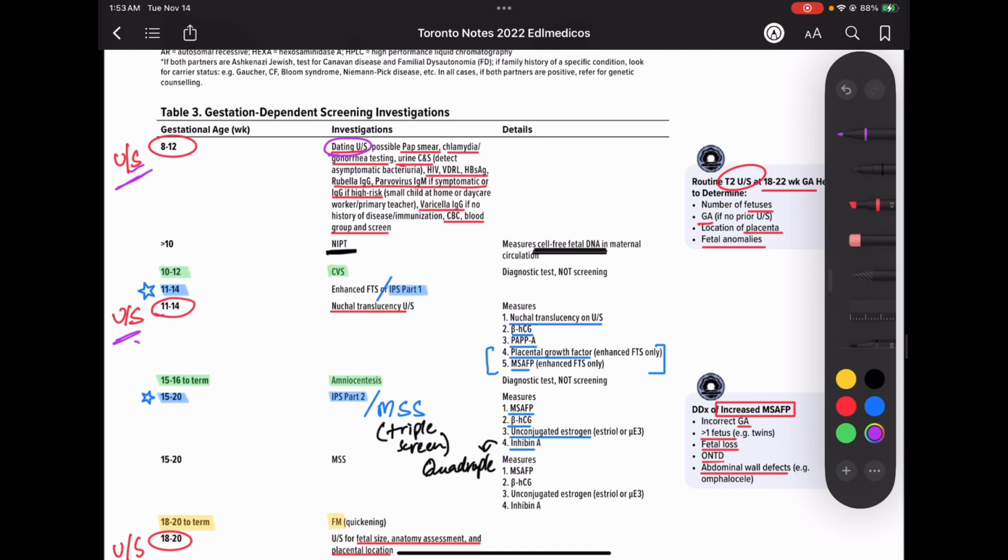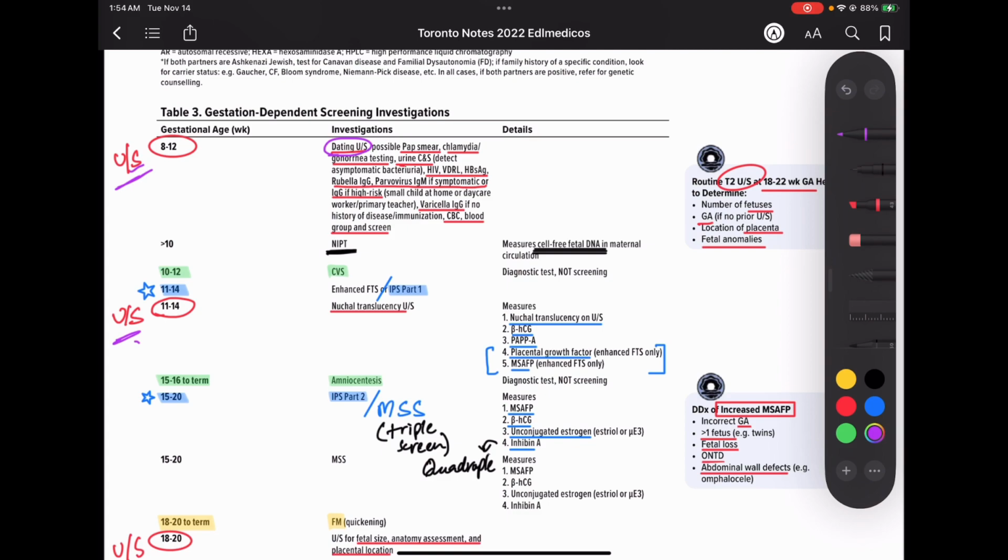First of all, starting with the table, the 8 to 12 weeks investigation, in that one we just read in the initial prenatal visit. It includes dating ultrasound, possible pap smear based upon your province guidelines, then chlamydia, gonorrhea testing, urine culture and sensitivity, HIV, VDRL, hepatitis B surface antigen, rubella, parvovirus, and varicella, CBC, blood group, and screening also.